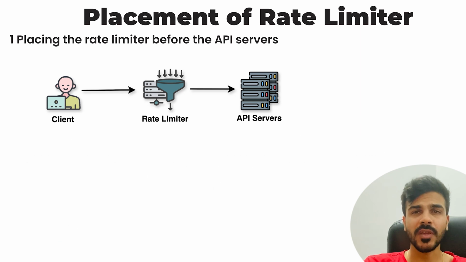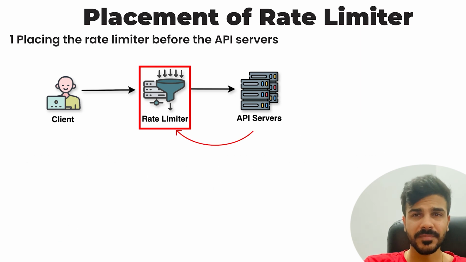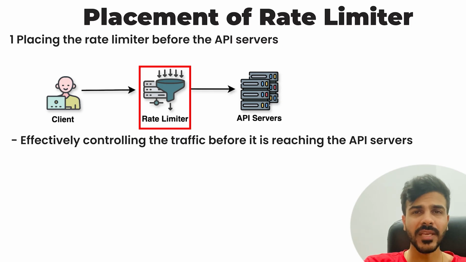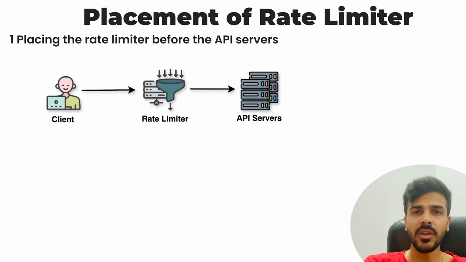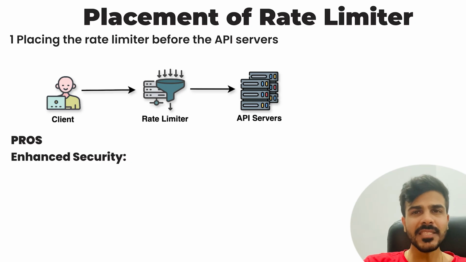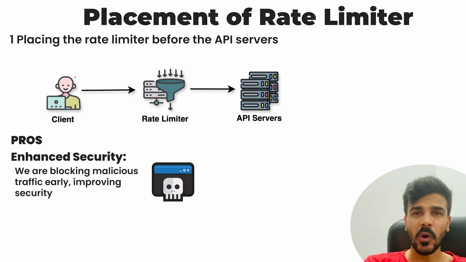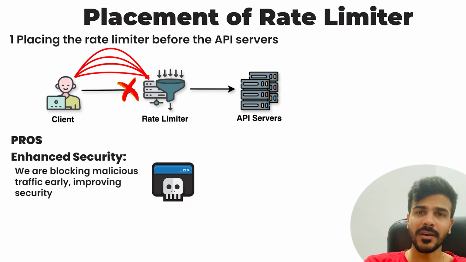In the first option, we are talking about placing the rate limiter before the API servers. In this case, it means that we are effectively controlling the traffic before it reaches the API servers. Now what could be the pros of this design? First pro would be enhanced security. Why is that the case? Since the rate limiter filters the traffic before it reaches the API servers, any malicious or excessive traffic would be blocked early.